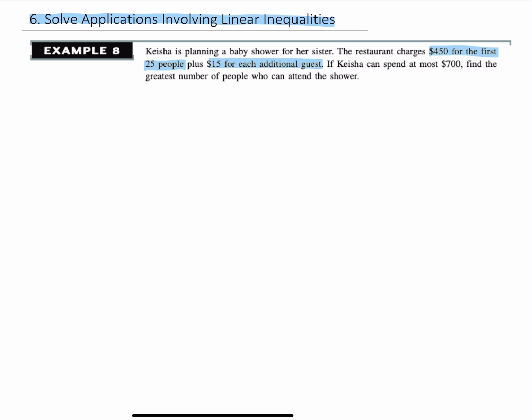If Keisha can spend at most $700, so that's some total amount, and at most meaning we should spend less than or equal to that amount. That's where the inequality part comes in. Find the greatest number of people who can attend the shower.